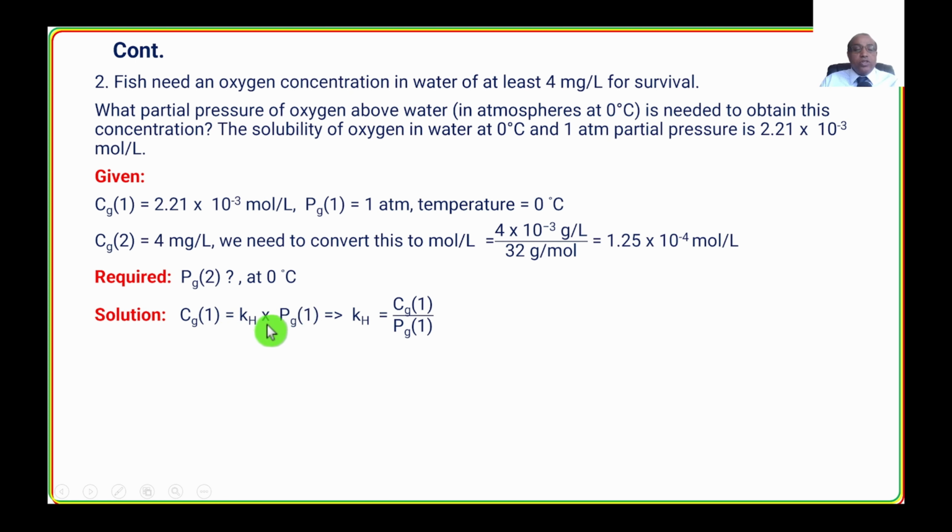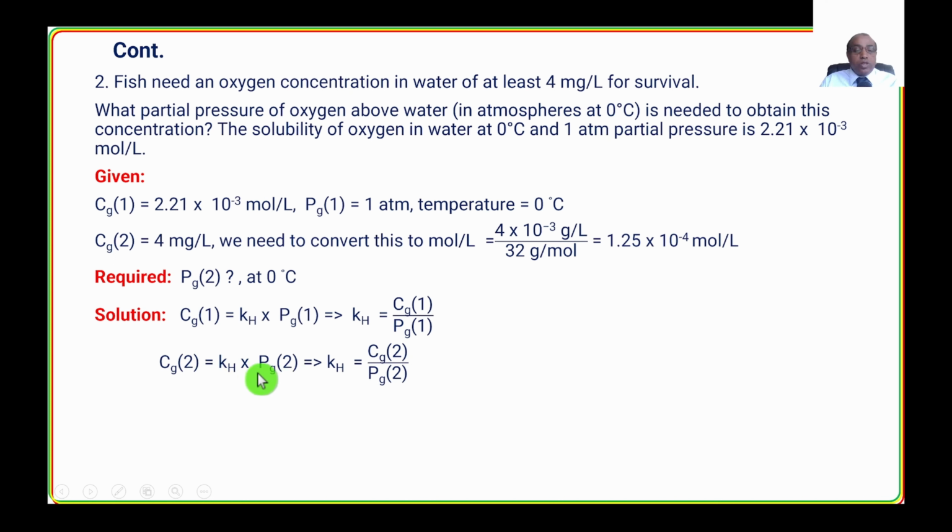If you rearrange this equation, it becomes Kh equals the concentration of the gas divided by the partial pressure of the gas. So you'll have this equation. Similarly, if you do the same thing for the second concentration, you just rearrange this equation to get the Henry's constant.